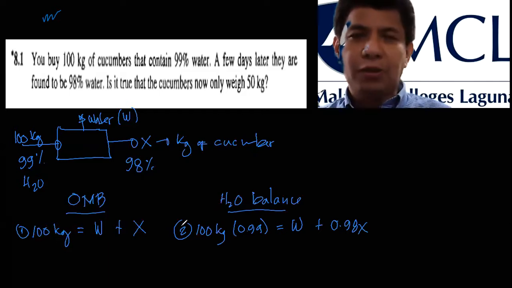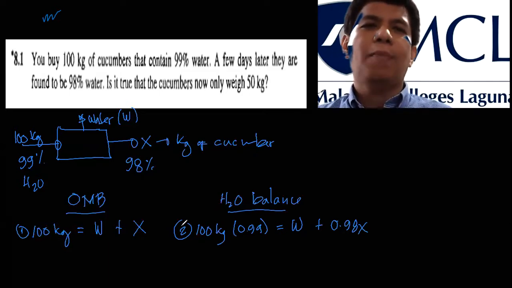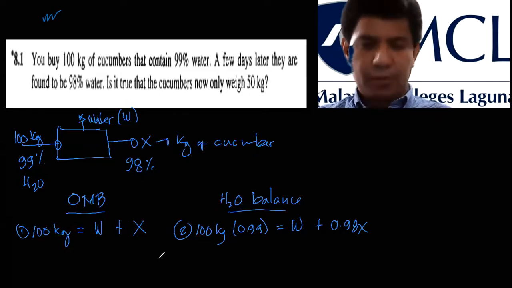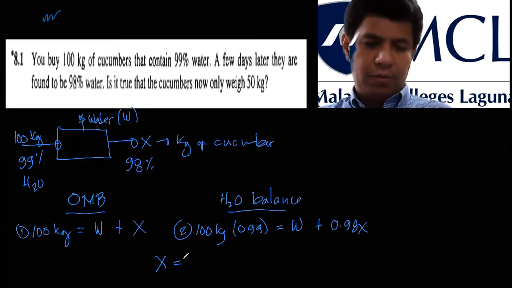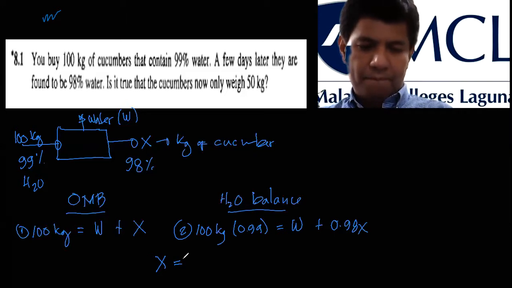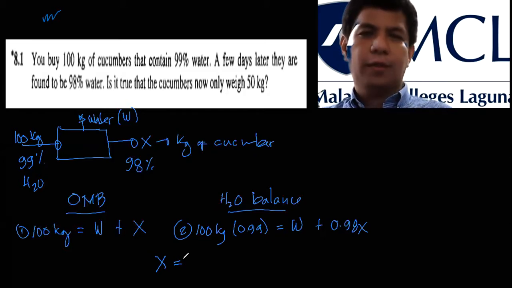So just simply use your calculator to find the value of X. So that would be 1 and 1, and then 100, and then 1 and 0.98, and 100 times 0.98.